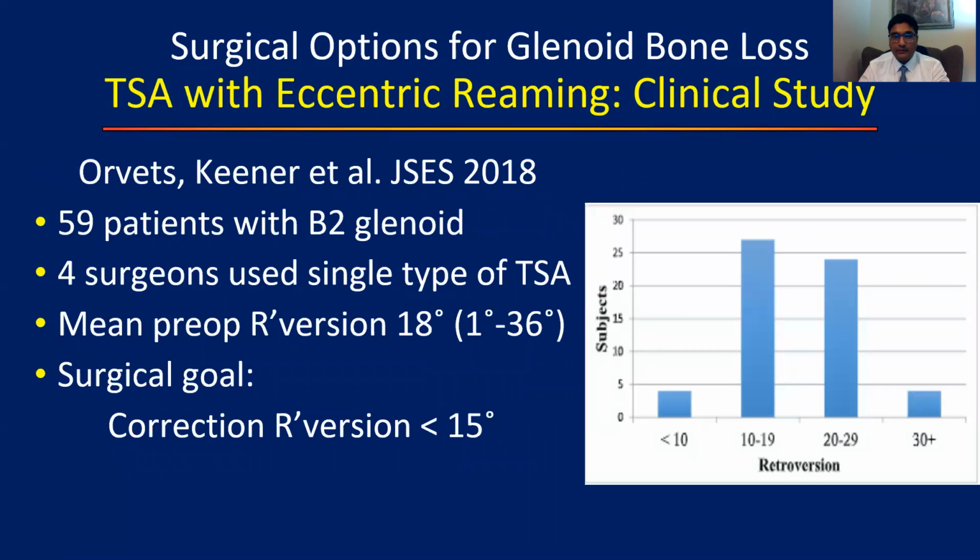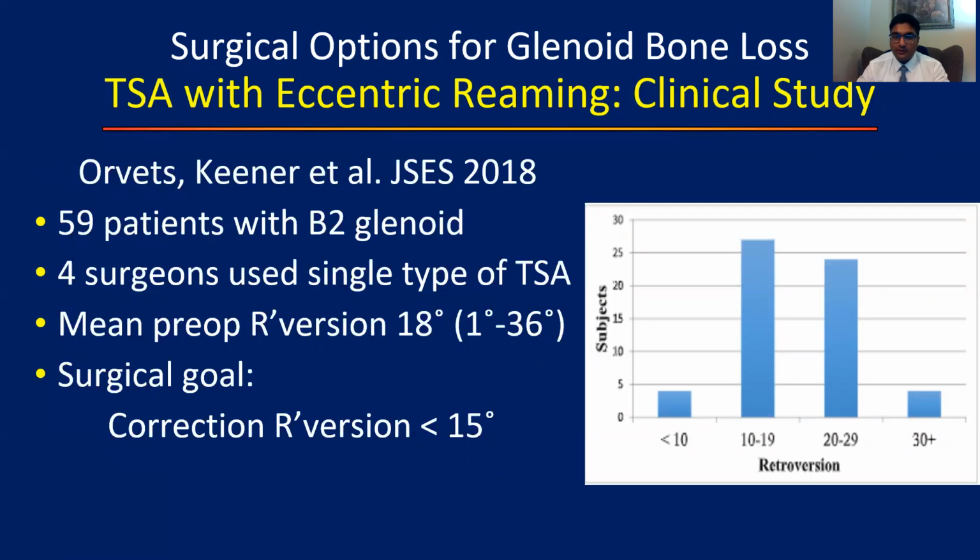Another study by Orwitz et al. looked at 59 patients with B2 type of glenoid, which is a biconcave glenoid. There were 4 surgeons who used a single type of total shoulder arthroplasty. They included patients with mean preoperative retroversion of 18 degrees.